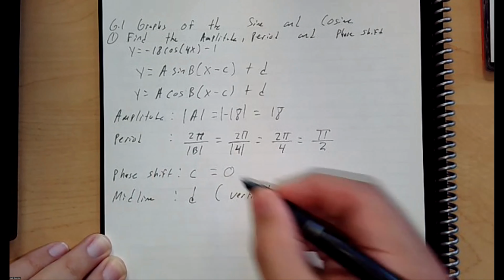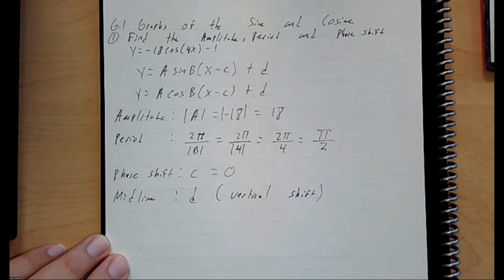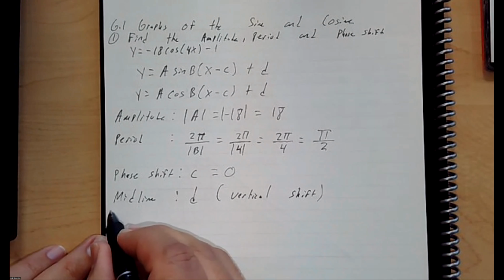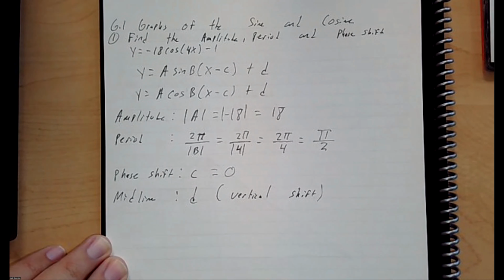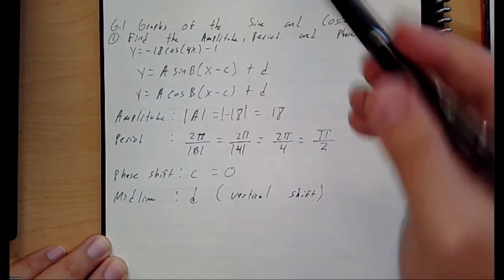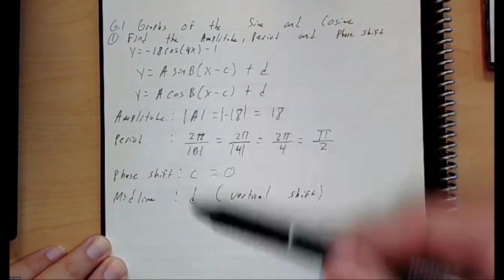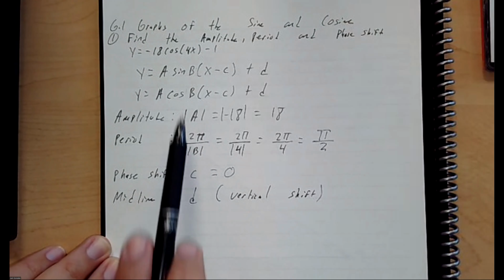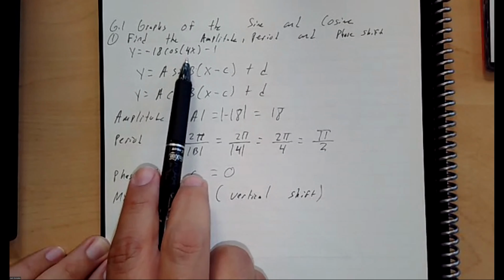So it's not shifted. Any questions about this? Period, the first one said pi over 8. B. It's this B right here. So our B in this case was that 4.